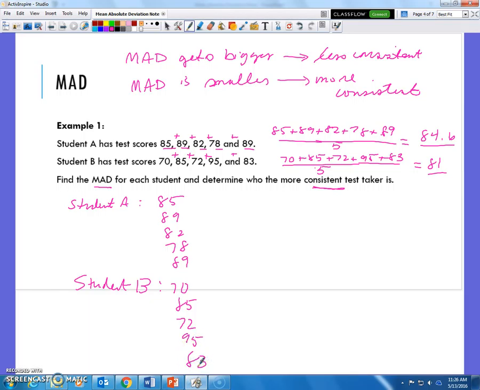To find the mean absolute deviation, I need to know how far away 85 was from 84.6. So I'm going to subtract 84.6. I'm always subtracting the mean. Minus 84.6, minus 84.6, minus 84.6. And on student B, I'm not subtracting 84.6. I'm subtracting 81.